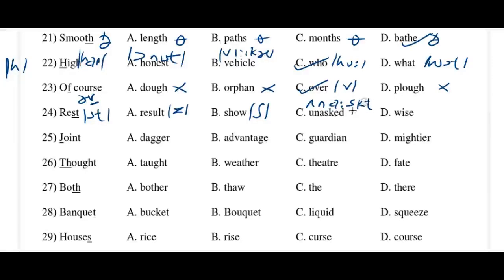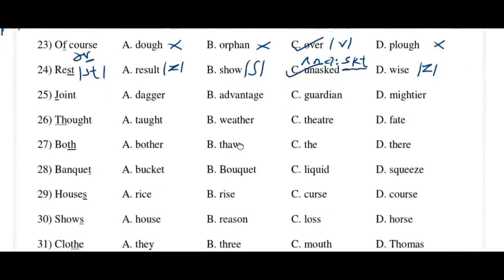So what we are looking for is here. And option D is wise. The S here is z. So we have our s and t in D. Unasked, rest. And that is the answer.